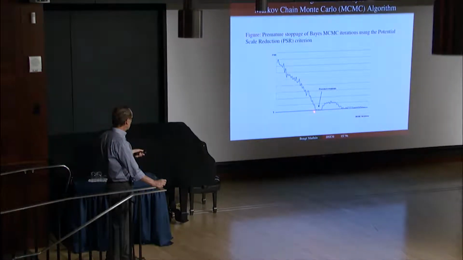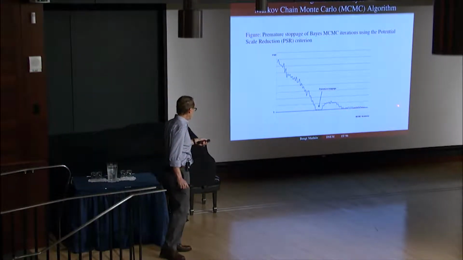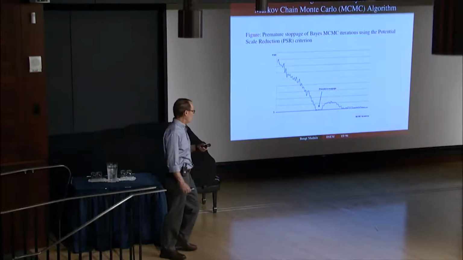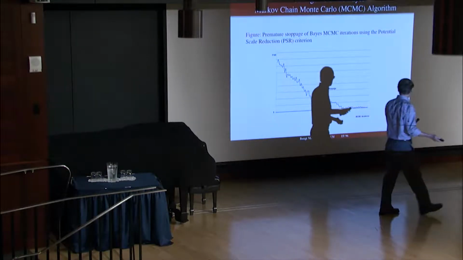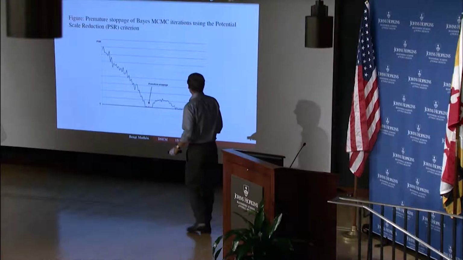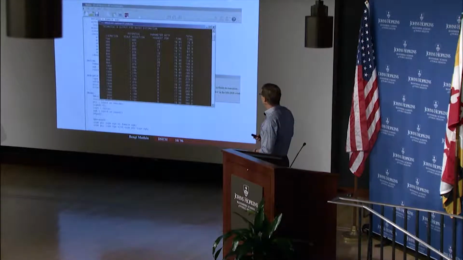This PSR value can go down to 1 for several iterations, but then bounce up again until it stabilizes like that. So you want to make sure that if you have convergence, you may want to go a little further in the iterations so that you see values close to 1 for a longer time. It should be 1.0 something typically, 1.0, not 1.1. So that's something you should look out for.